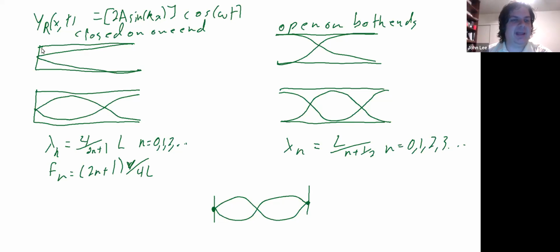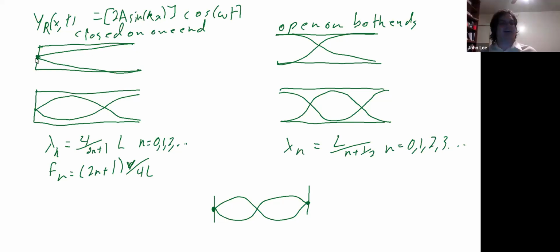In this case, we have something more like a flute, where the wave is cut off and forced to be equal to 0 at one end, while the other end is open, which has a lot of room for the wave to propagate, which means that it is going to have an antinode, one of these high points, at the other end.